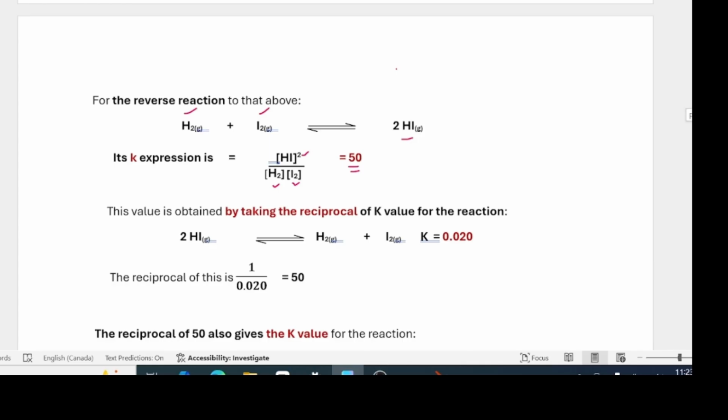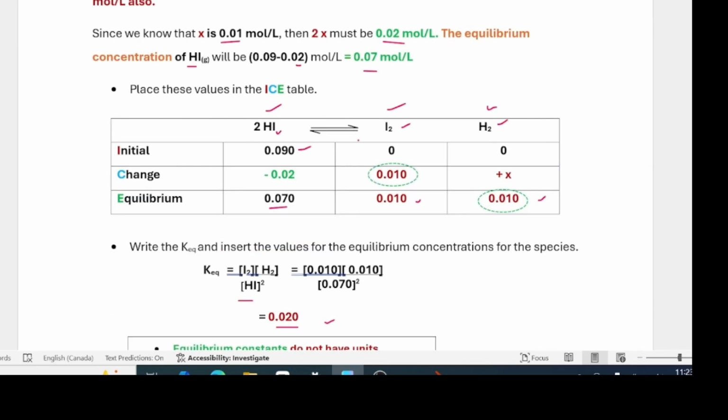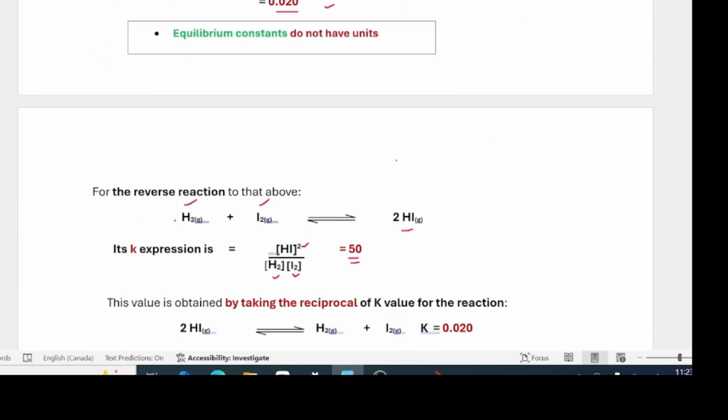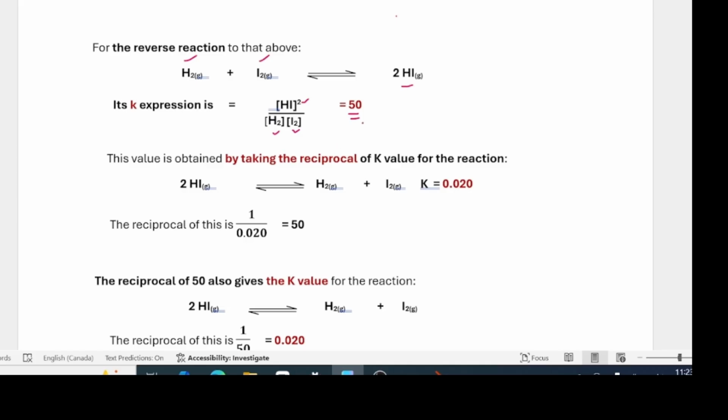Let's go and watch it again. Hydrogen iodide is decomposing to give you these species here. In the other one, these are combining to give you hydrogen iodide, and it works out that its equilibrium constant is equal to 50. Now watch this. For the reaction before, that was a value for the equilibrium constant.